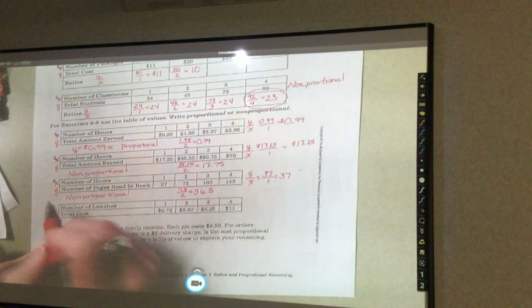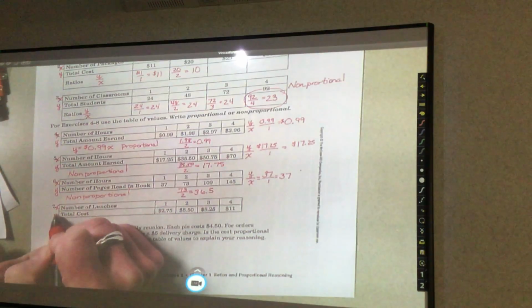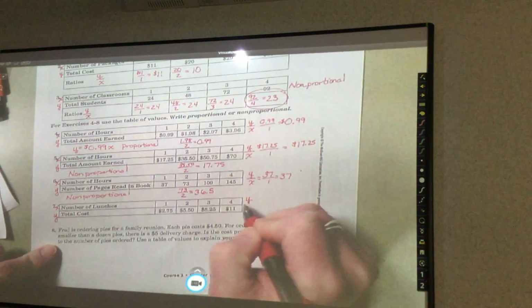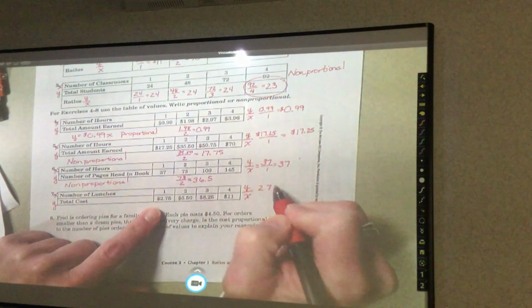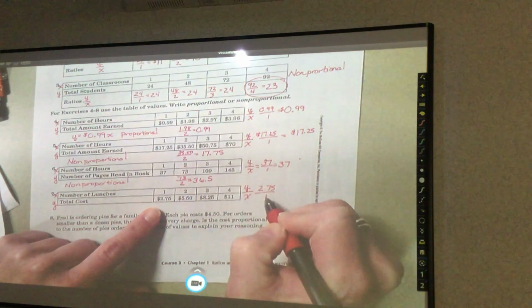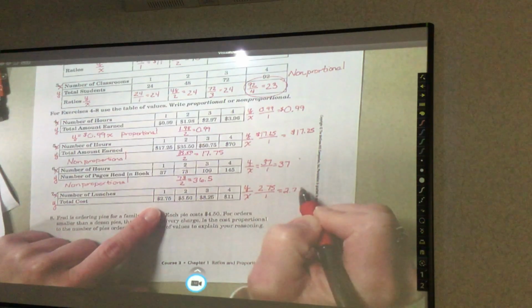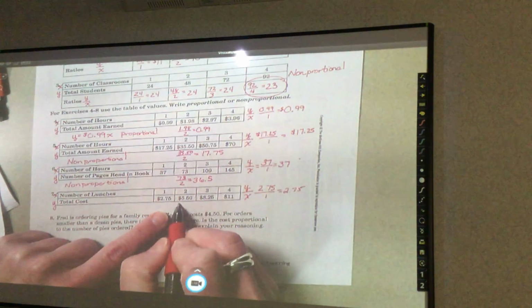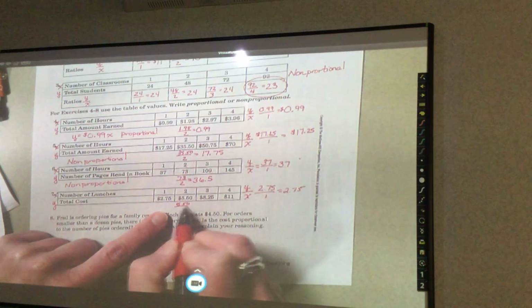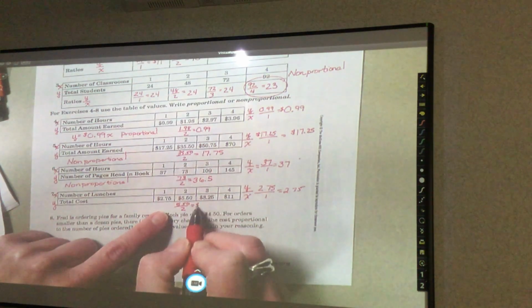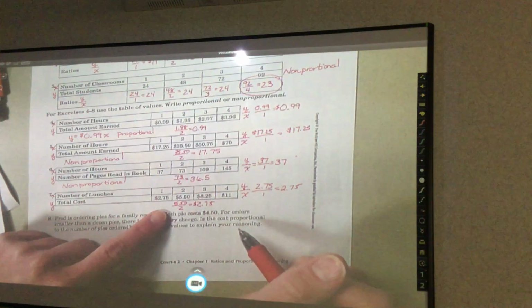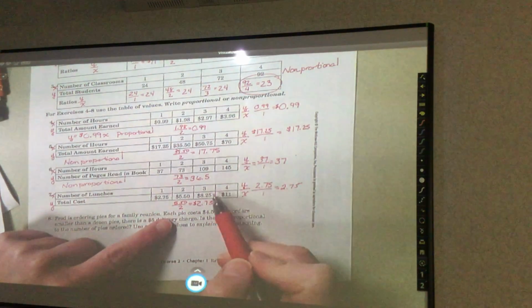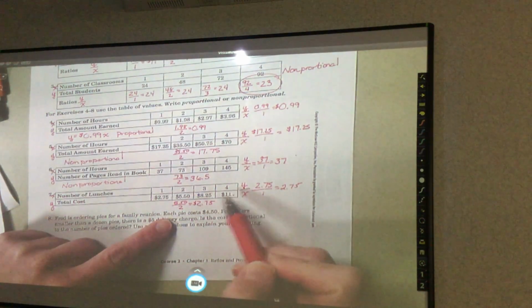Then we got number of lunches for the total cost. Again, Y over X. Y is $2.75 over 1, which is $2.75. Then I do $5.50 divided by 2, $2.75. Can I stop there? No, you have to check all of them.